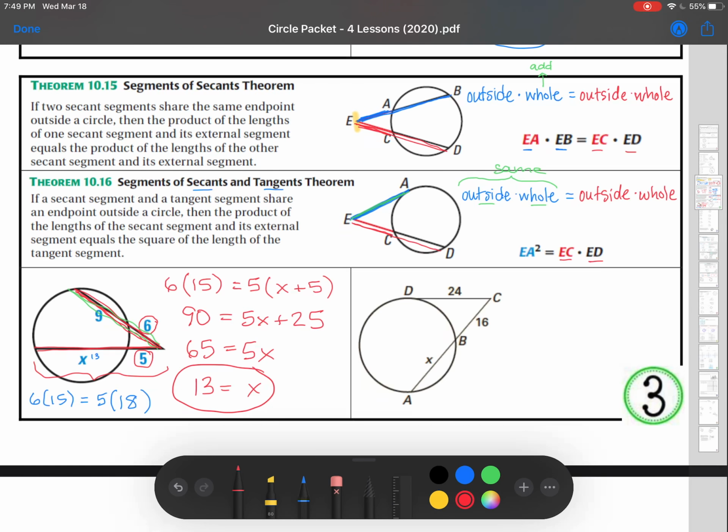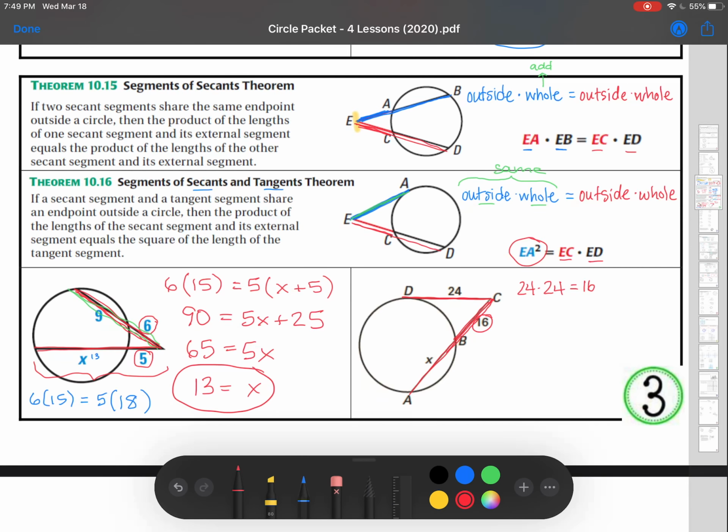So here is our tangent segment DC. And so how much is outside the circle? 24 of it. And how much is the whole thing? The whole thing is outside, so 24 times 24. Or you could write that as 24 squared, right? All right, now for our other segment, we're going to take the outside, which is 16, times the whole thing.